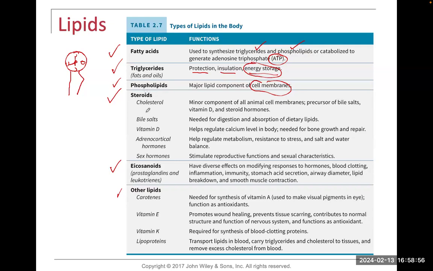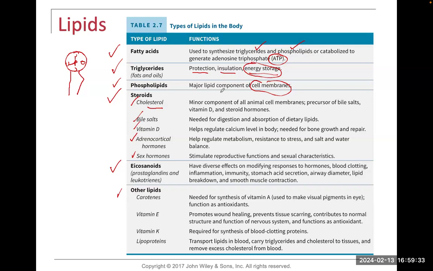Then we have steroids like cholesterol, bile salts, vitamin D, sex hormones, and adrenal cortical hormones. Now, cholesterol is a steroid, and the sex hormones estrogen, progesterone, and testosterone all come from steroids. So we need cholesterol.